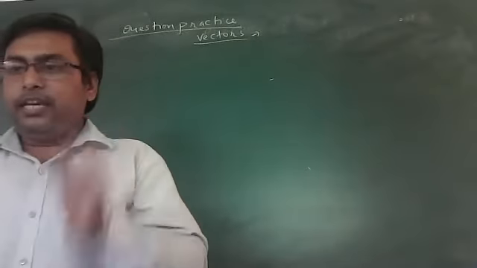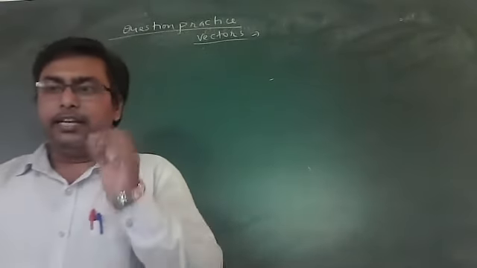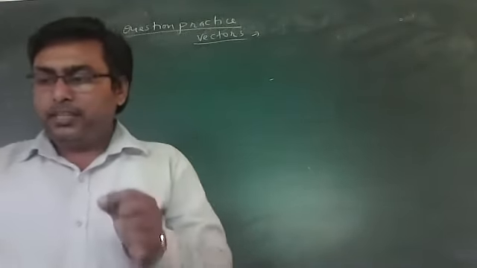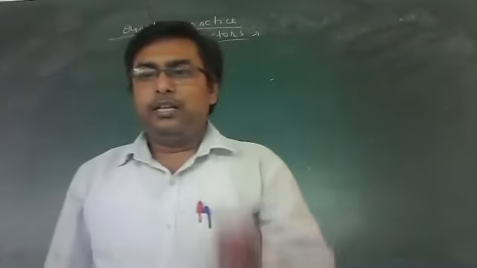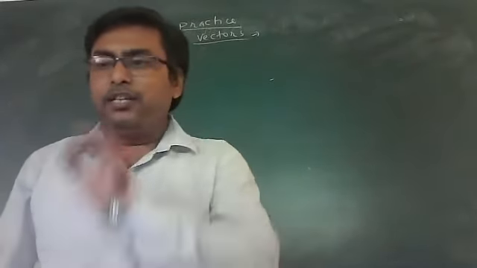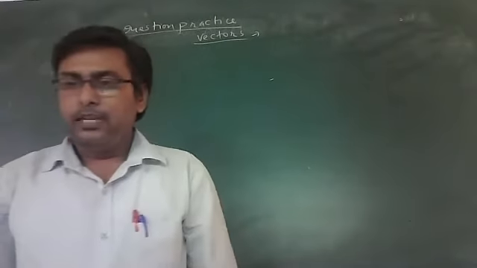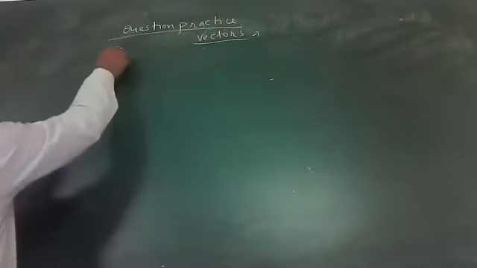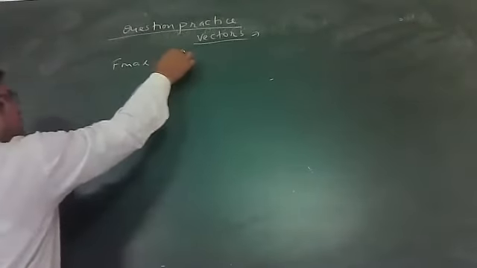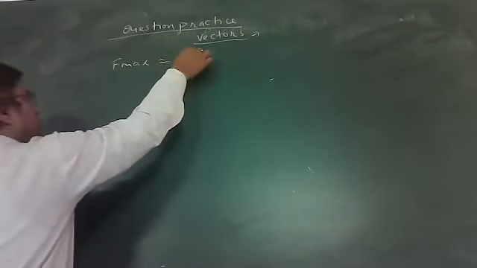Next question. The greatest and least resultant of two forces acting at a point is 10 Newton and 6 Newton. Maximum is 10 Newton and minimum is 6 Newton.